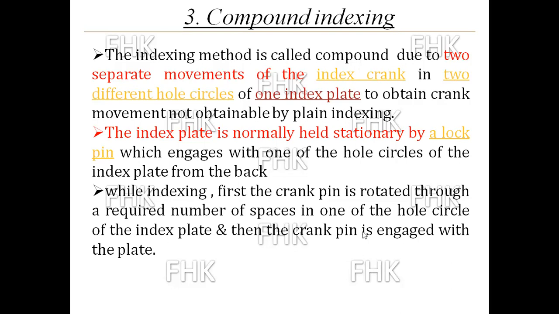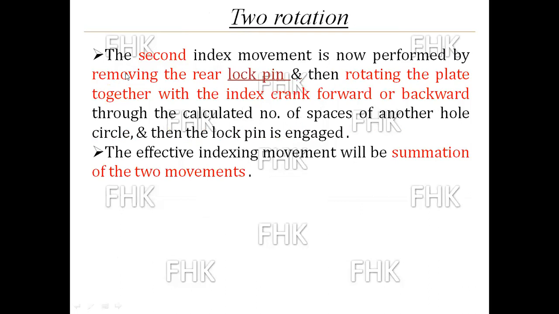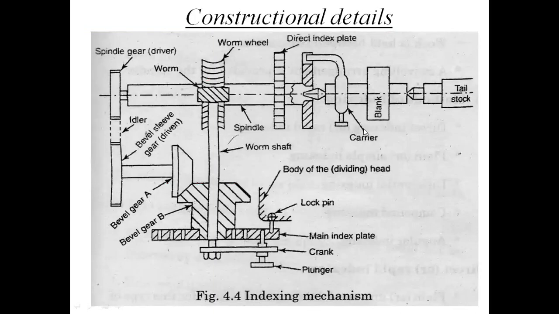Then the crank pin is engaged with the plate. Now the second indexing movement is performed by removing the rear lock pin and then rotating. This is the lock pin, as you have seen right now. Again I show, this is the lock pin.